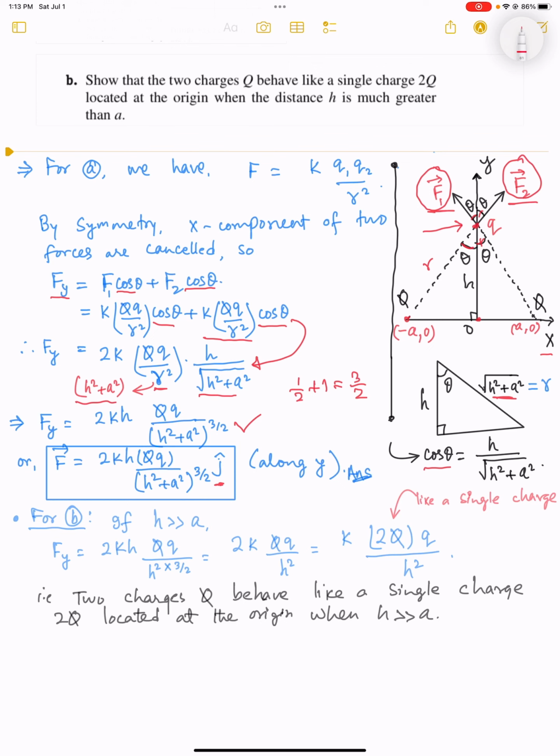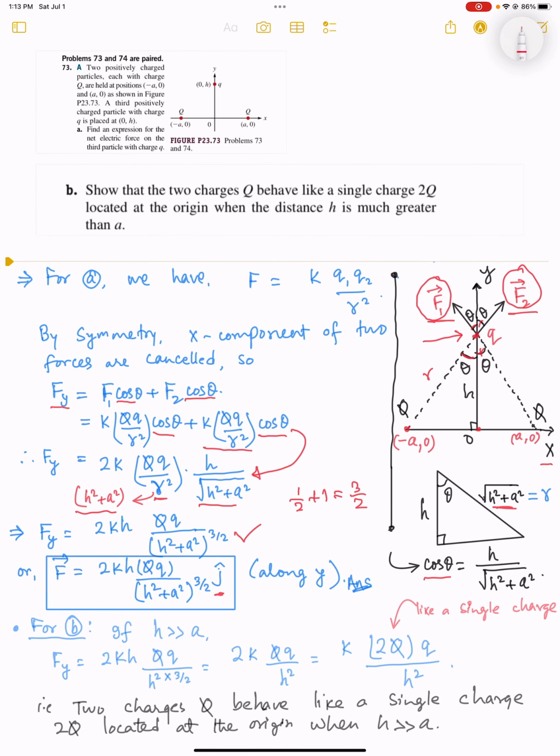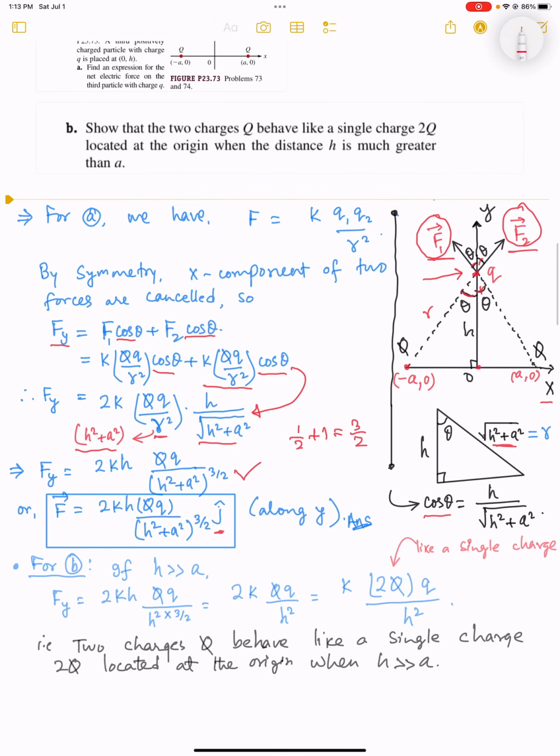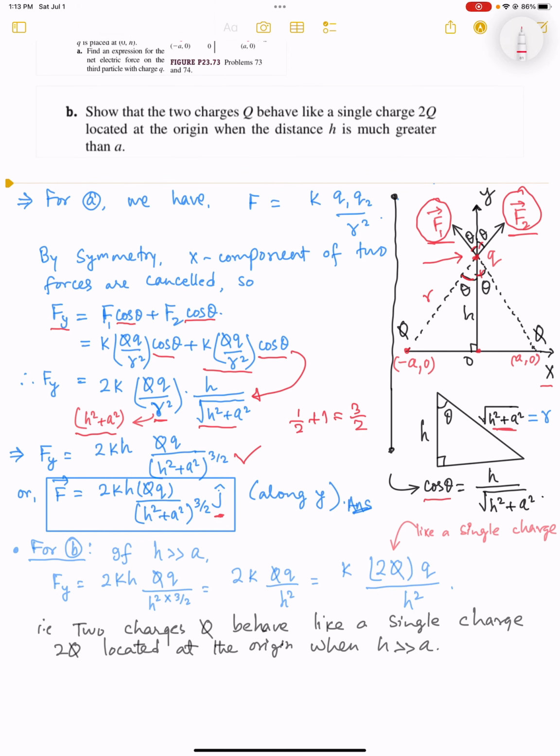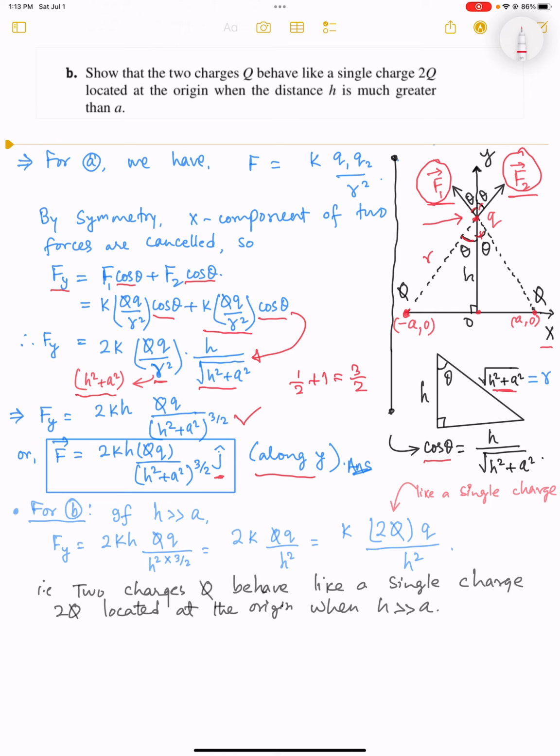Okay, so this is how you can solve the net electric force on the third particle with charge q, which is along the y-axis. The direction of force is along that. For part B, we need to show that the two charges Q, one on the negative x-axis and another on the positive x-axis, behave like a single charge 2Q located at the origin when the distance h is much greater than a.